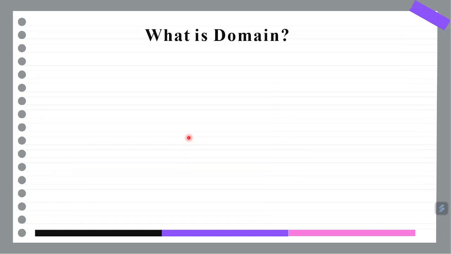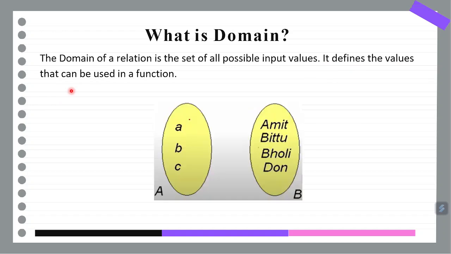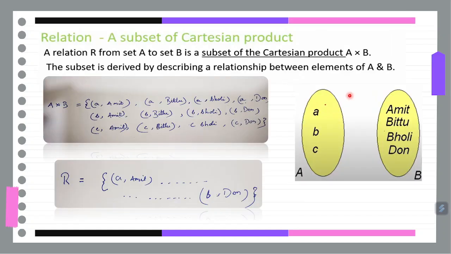If we come to the domain part, what is domain? Domain is the set of all possible input values of a relation. It defines the values that can be used in a function. So before we study this, group A is the input value and group B is the output value.